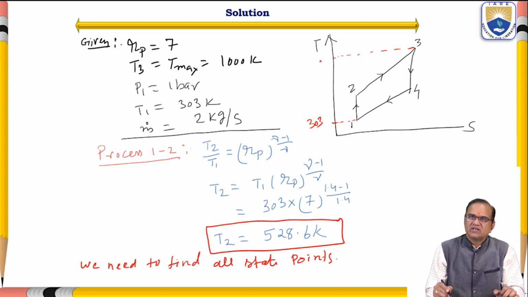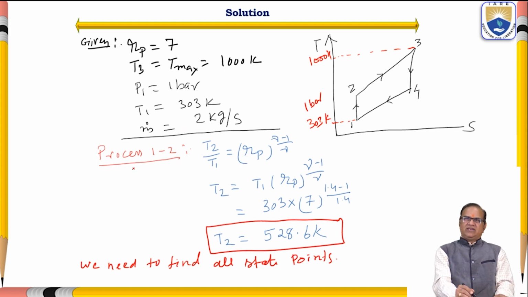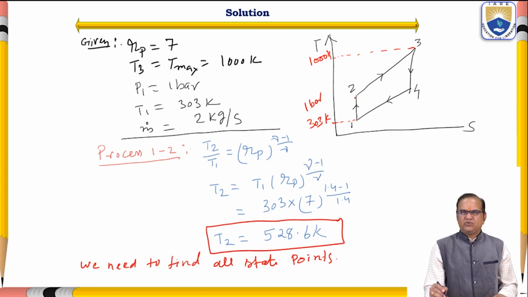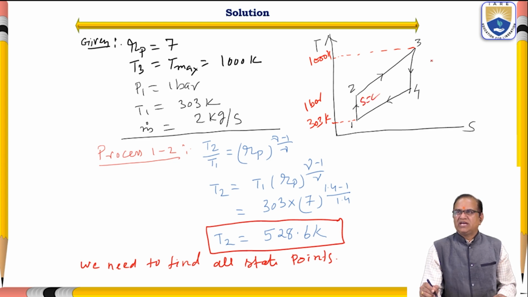We know that for the compression process 1 to 2, and likewise for expansion, it is an isentropic process, that is, S is equal to constant. S3 is equal to S4, and S1 is equal to S2. So it is a constant entropy process.